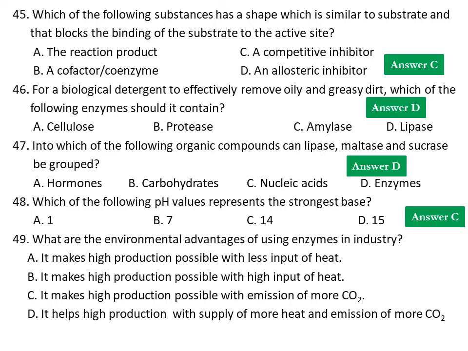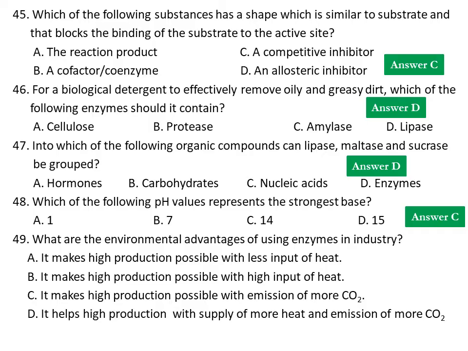Question number 49. What is the environmental advantage of using enzyme in industry? A. It makes high production possible with less input of heat. B. It makes high production possible with high input of heat. C. It makes high production possible with emission of more carbon dioxide.